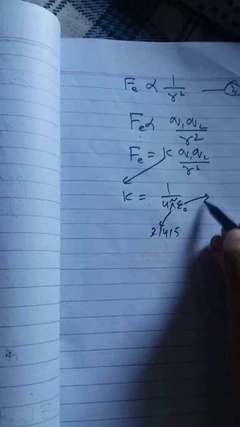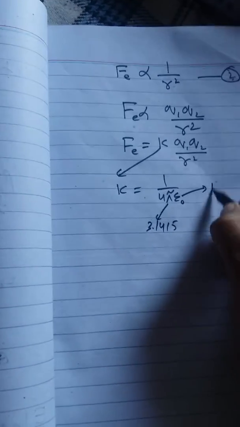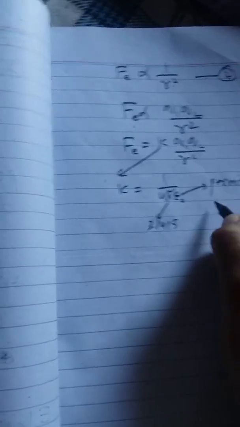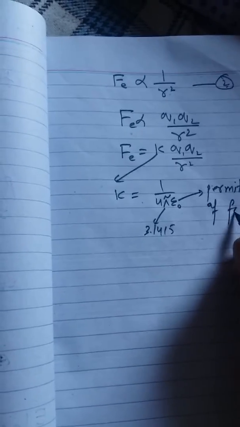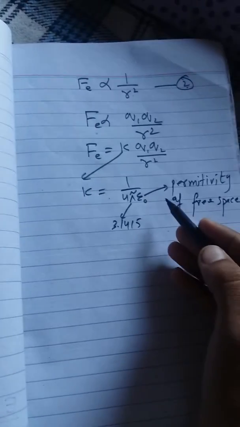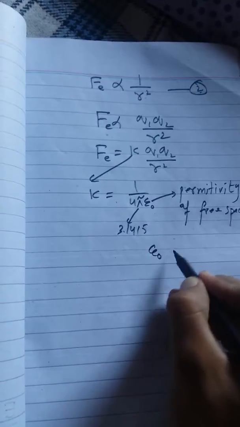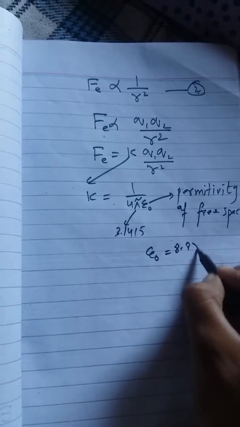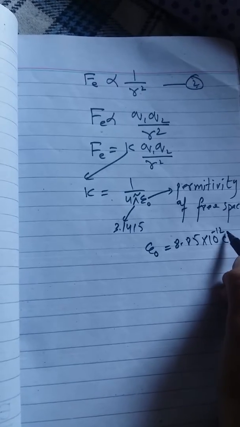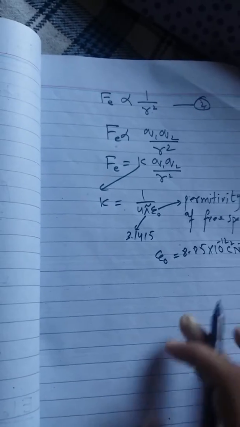What is epsilon naught? This factor is called the permittivity of free space. What is the value of this permittivity of free space? Its value is 8.85 into 10 to the power minus 12 Coulomb square per Newton per meter square.